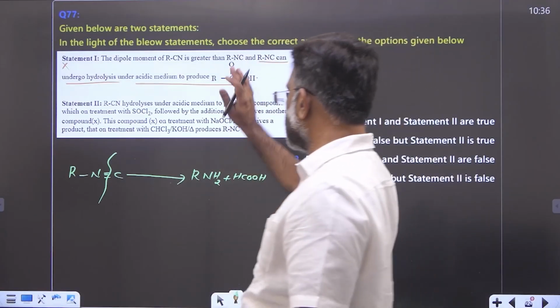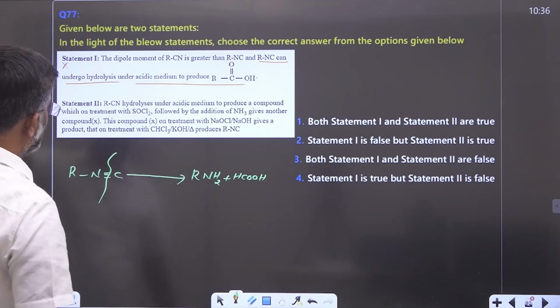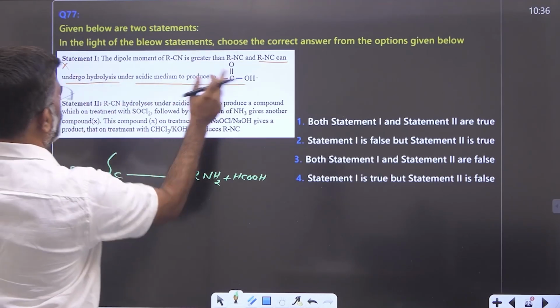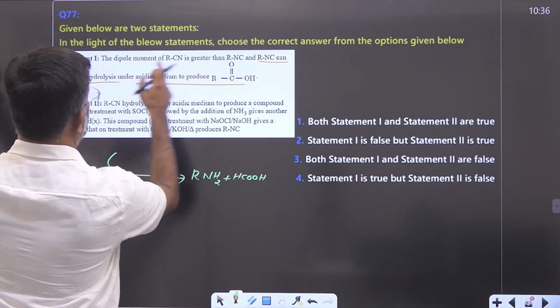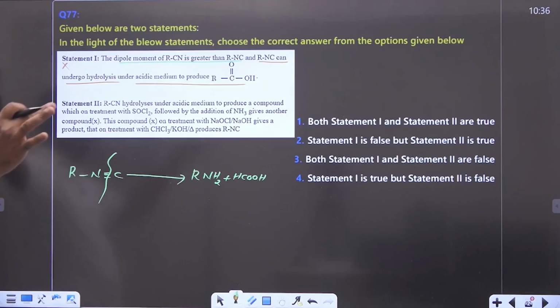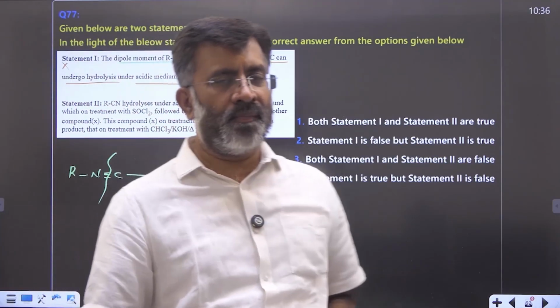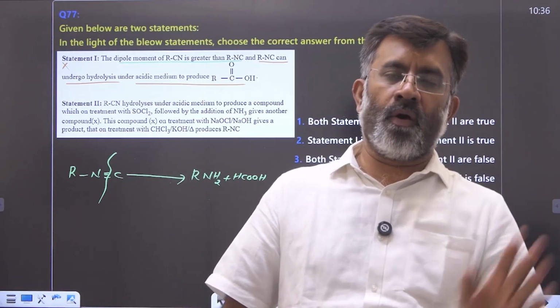So statement 1 is wrong. Second part is wrong. What about the first part? Dipole moment of RCN greater than RNC is correct. But the second part of the statement, that RNC will give you RCOOH, is wrong.